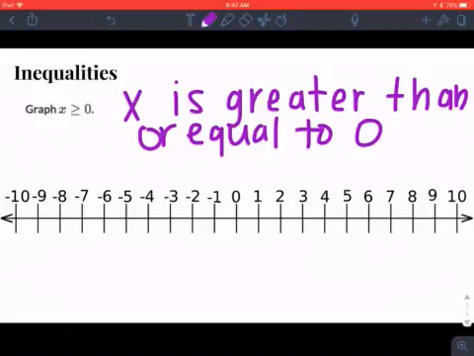So we're going to put our dot, our boundary point on 0, and I am going to fill it in because 0 is part of the solution. So I'm then going to put my line and arrow to all the numbers that are greater than or equal to 0. So all the numbers going to the right. And I make sure I put my arrow at the end to show that even though our number line stops here, any number bigger than that would also work.